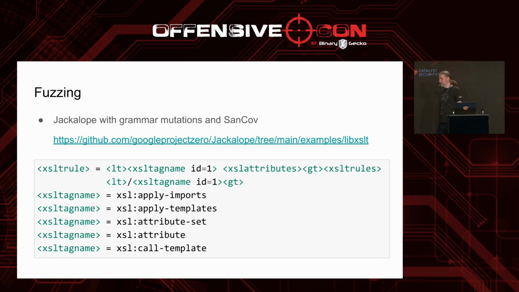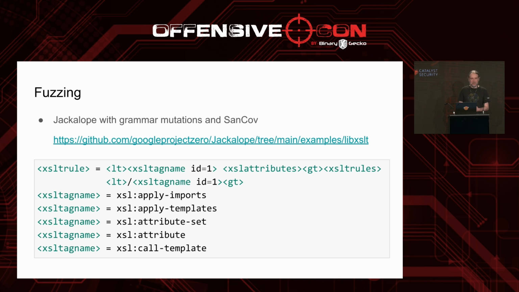So let's now stop talking about these manually discovered issues and say a few words about fuzzing. I'm the author of a fuzzer called Jackalope, and Jackalope was initially developed as a black box binary fuzzer. However, it also has a sanitizer coverage mode for fuzzing open source software, so this also makes it applicable for fuzzing XSLT implementations because they are all open source.